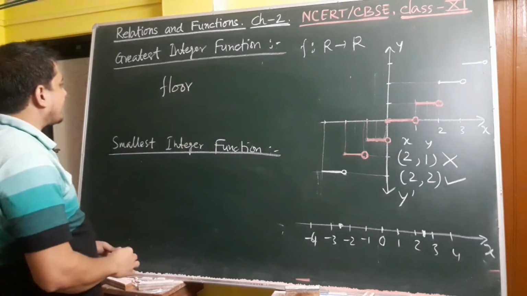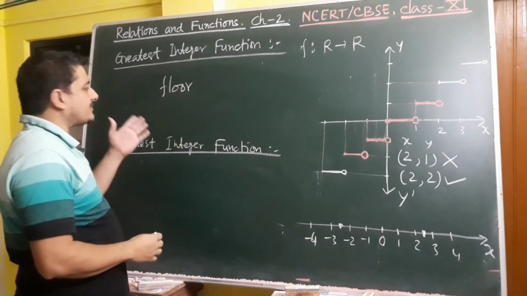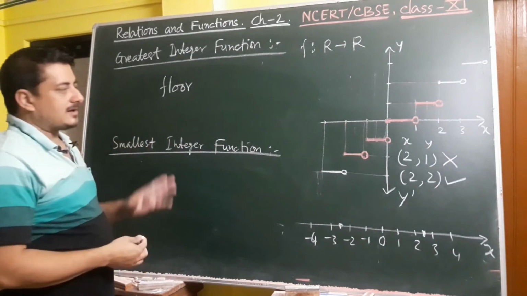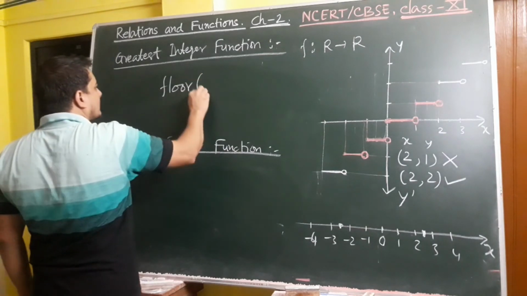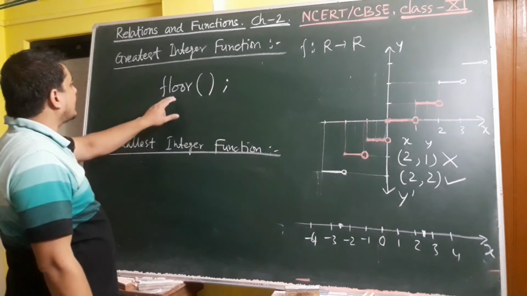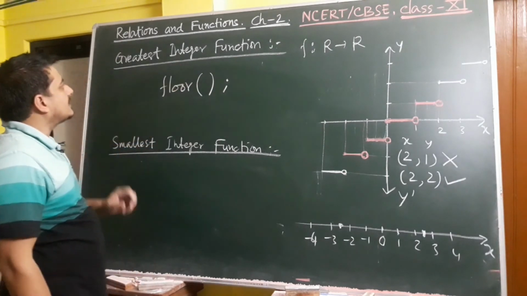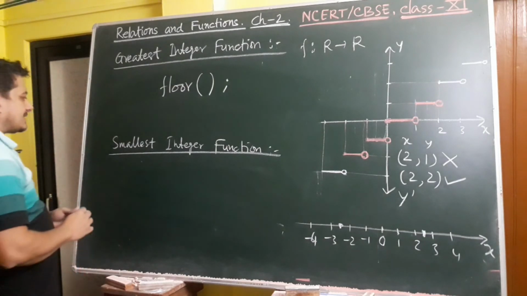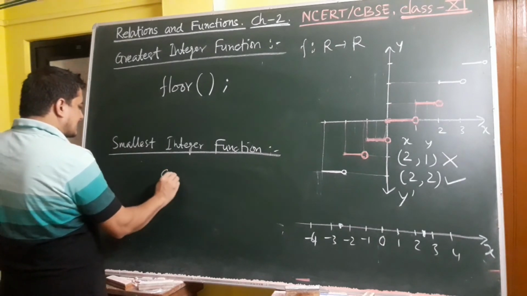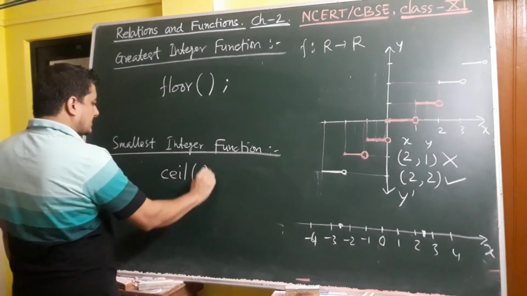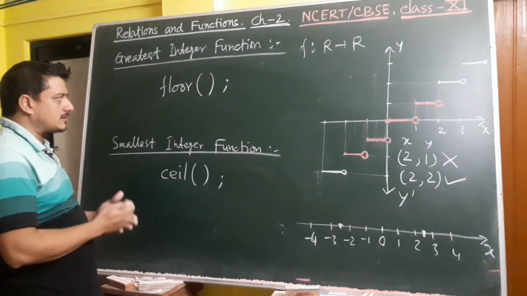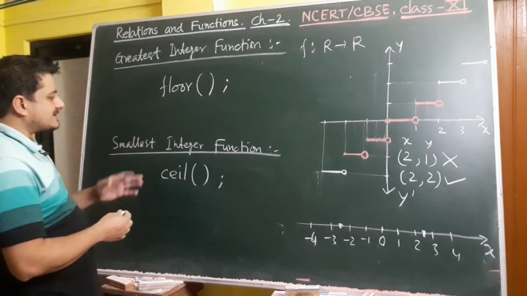If you are familiar with programming languages like C, C++, Python, C#, Java, in all of these you get an inbuilt function in the math library called floor, and through this function you can realize the greatest integer function. The name for the smallest integer function is the ceil function, CEIL. They are all available in C, C++, C#, Java, Python.